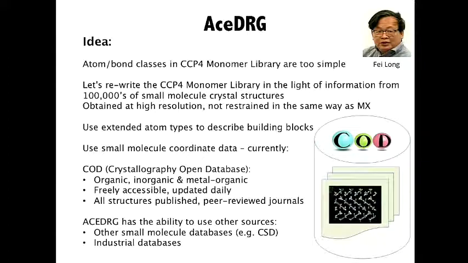We can use information from these to generate details about the chemistry in our macromolecular models. The atom typing that has been traditionally used is relatively limited, so as part of doing this, we want to extend to encapsulate more information about the chemical environment. So at the minute, we're using the COD, which is a freely accessible small molecule database, but in principle, it could be using other small molecule databases such as the CSD.